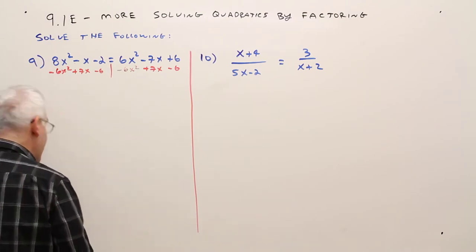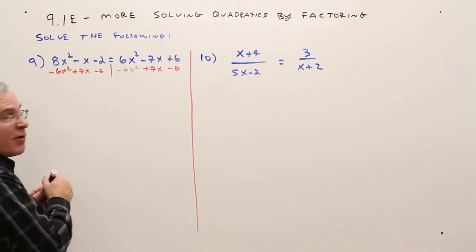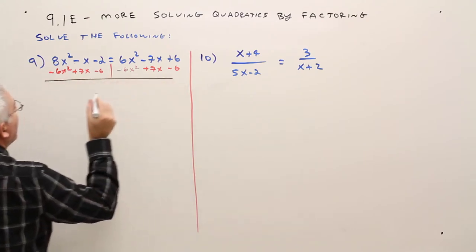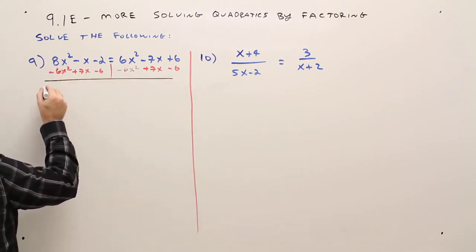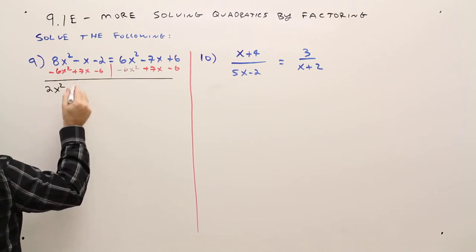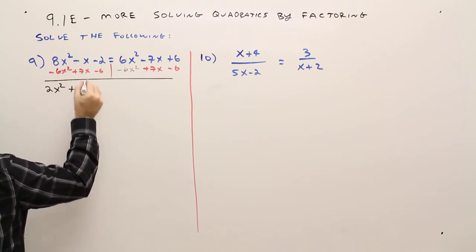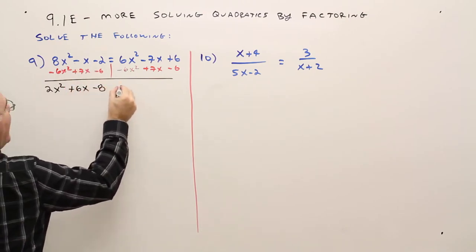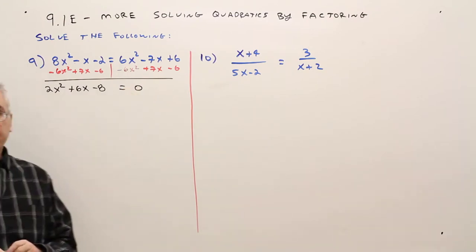Okay, when I do that, I will obtain a 0 on the right-hand side. On the left-hand side, I'll have 2x squared plus 6x minus 8 equals 0.